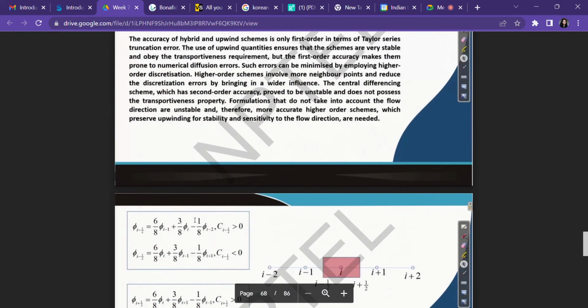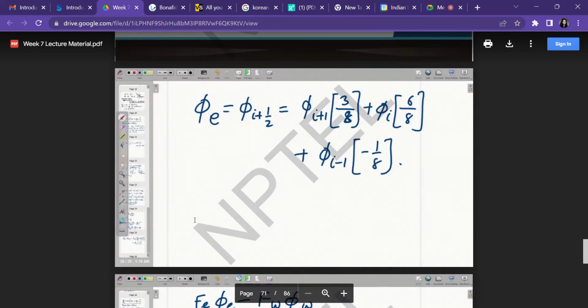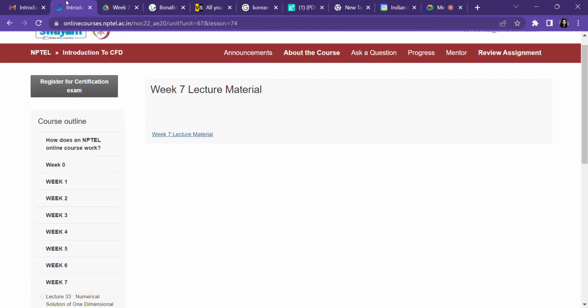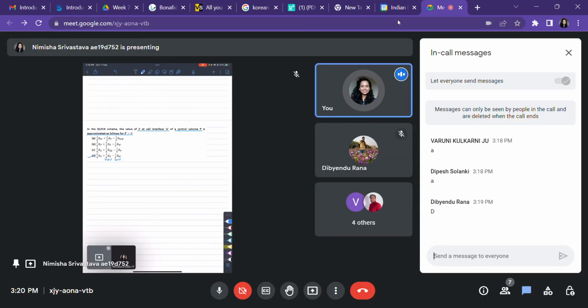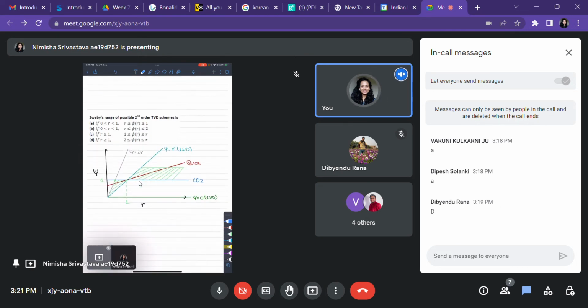I'm just spelling it out in words. Essentially this shows that when f is greater than 0, how much is the effect of the left hand side versus the right hand side on the interface, right?